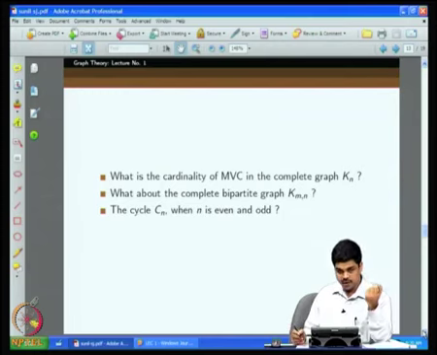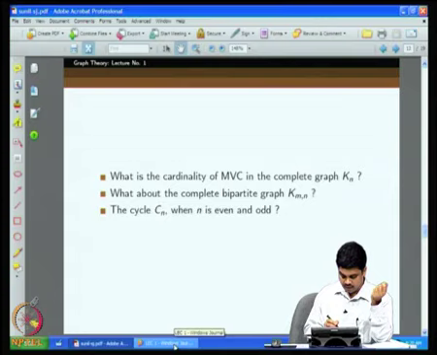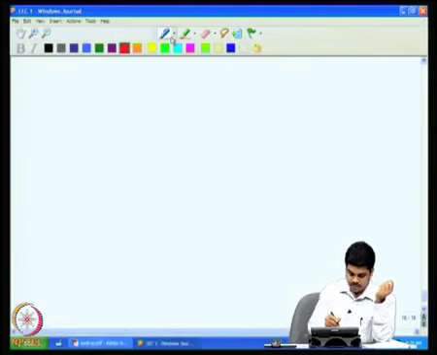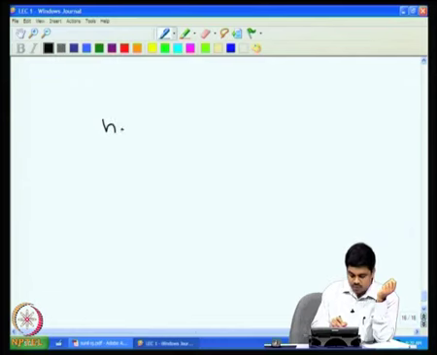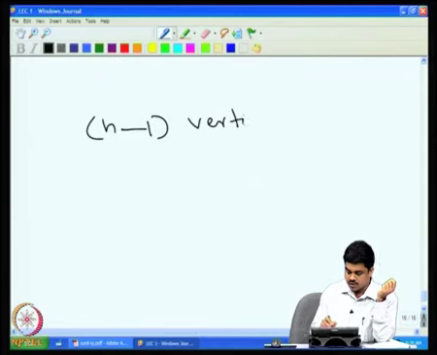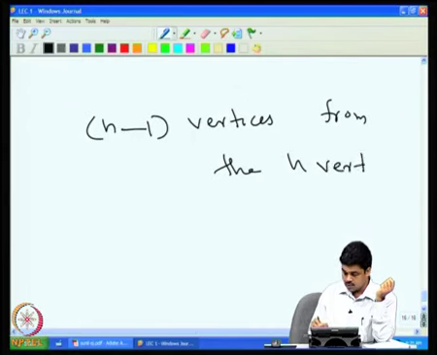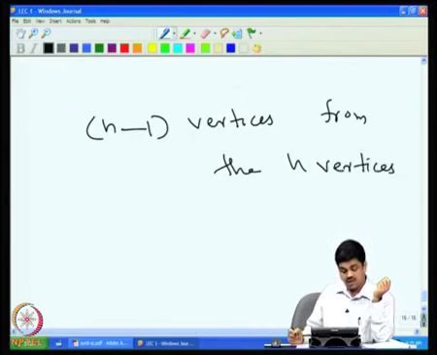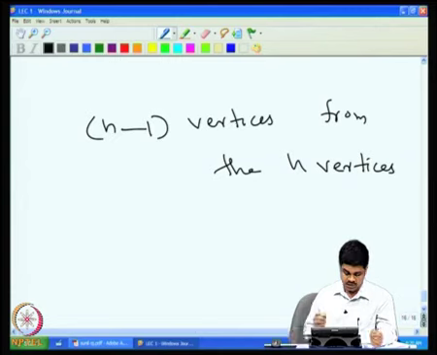So, how many will we need? With some thought we can understand that if we take n minus 1 vertices from the n vertices, then we can cover all the edges. Covering the edges means all the edges will have at least one endpoint in it.